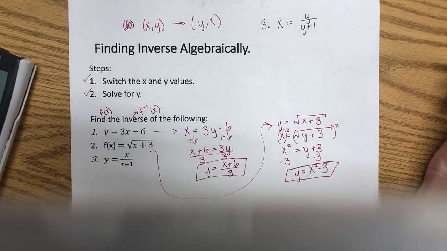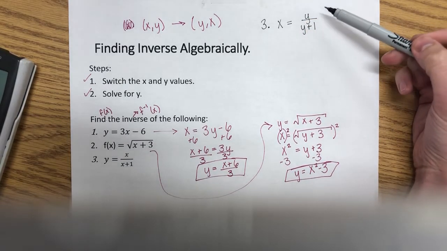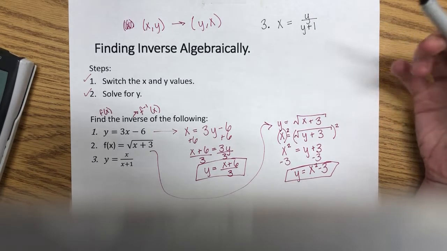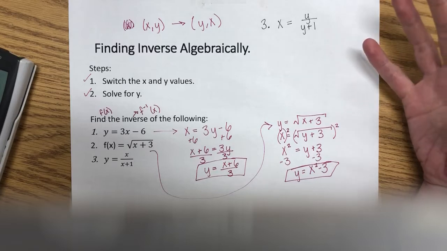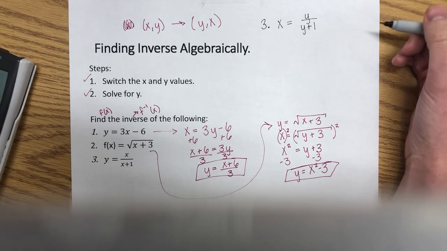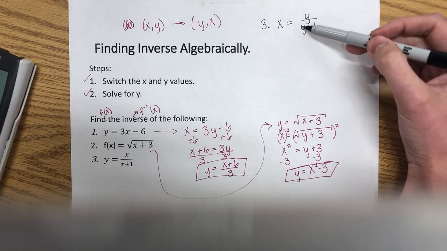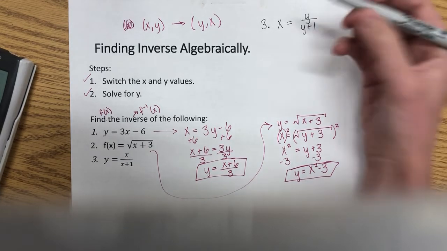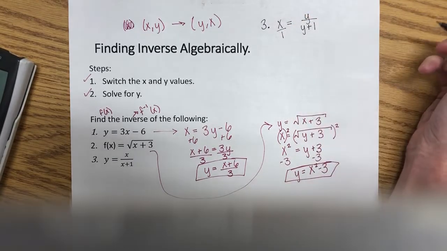All right, so we have y in this rational expression. Right now, it looks kind of funky, but ultimately we want to get y by itself. So the first thing I would do here is multiply both sides by y plus 1 to get it out of the denominator. Another way you can think about that is cross multiplying.